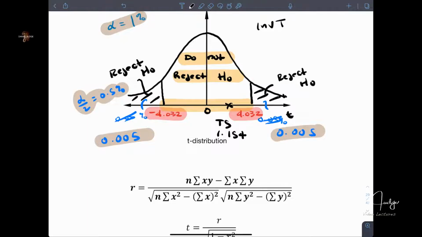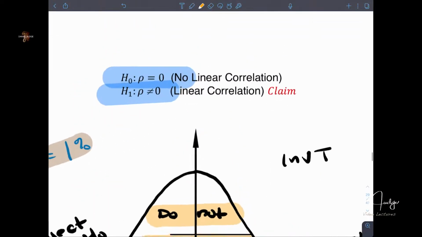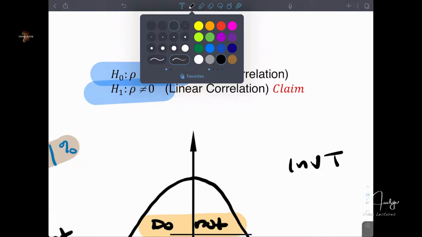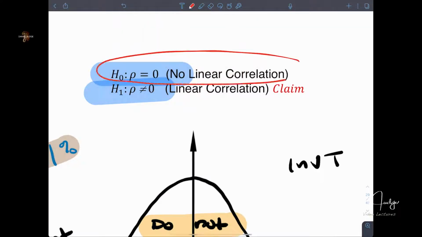And in fact, I'm not even accurate with my sketch that well, because it's probably closer to 0, like 1/4 of the way, okay? But the point I want to make is it's clearly in the do not reject the null region. So you're not rejecting the null. You're accepting the null, but the alternate is out, which is the claim that there is a linear correlation.